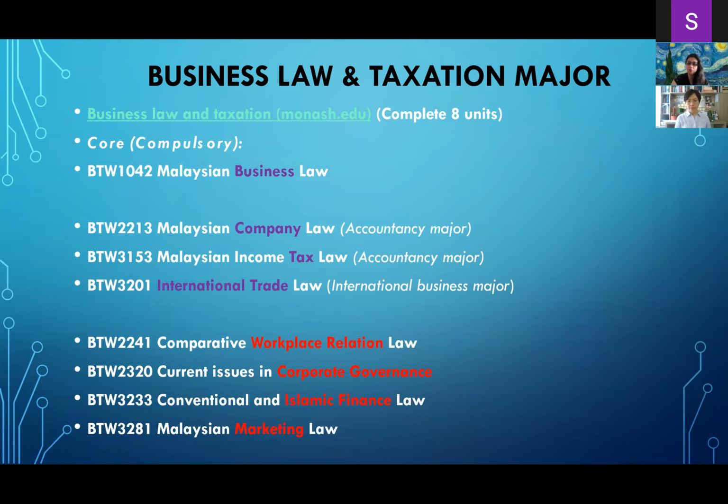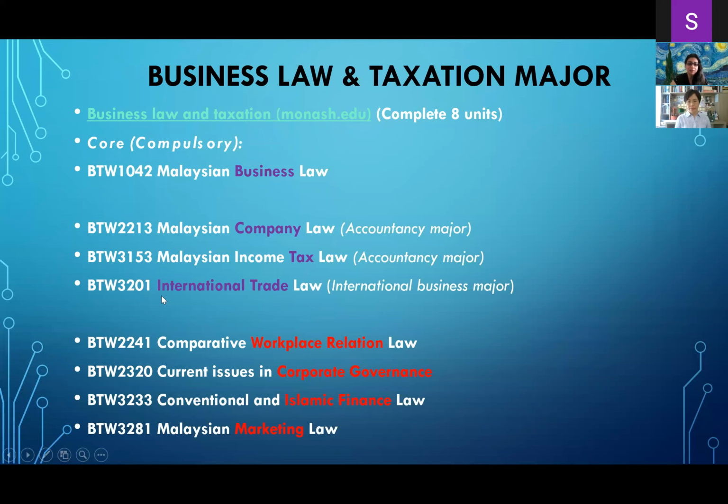So everything to do with companies. And you also have Malaysian income tax law, which is BTW 3153. This one, of course, covers taxation. And we've got today the CE of Malaysian income tax law, Dr. Francesco Canas, and I think he will be available to also answer any questions you may have on this unit.